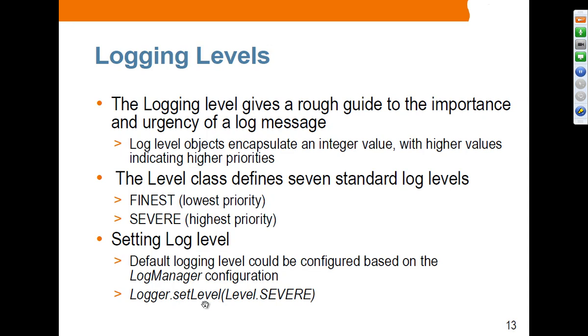In order to set the log level, you say logger.setLevel, then you specify Level.SEVERE, meaning you want to log the message only at the level of severe and above. The default log level can be configured based on the LogManager configuration.